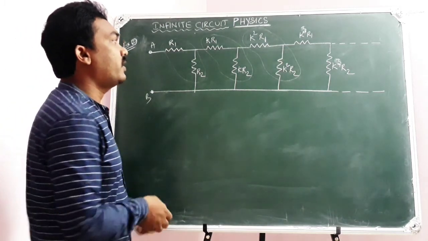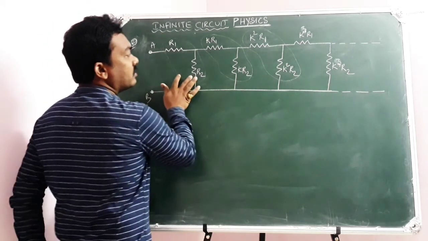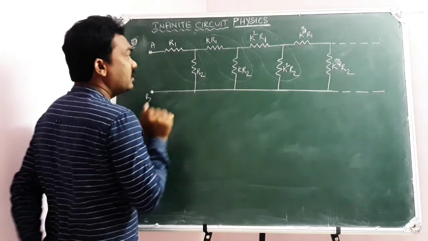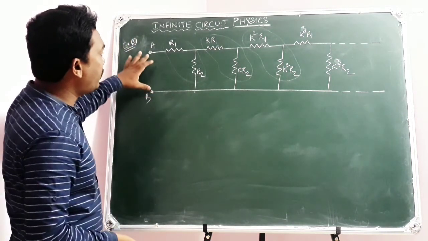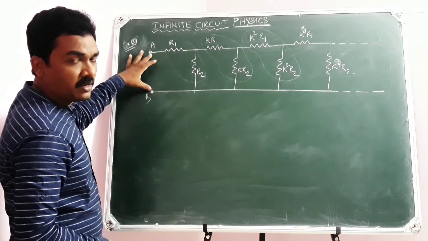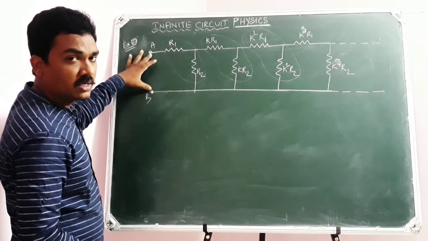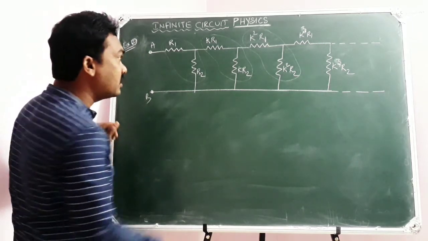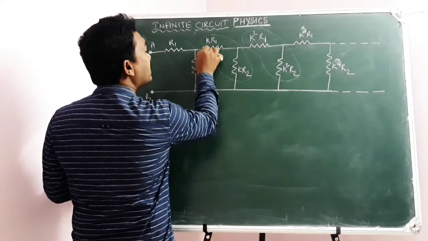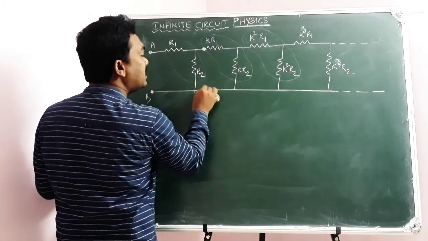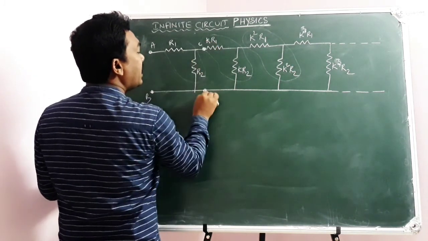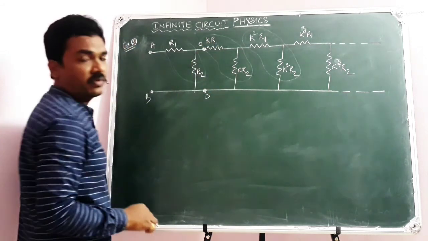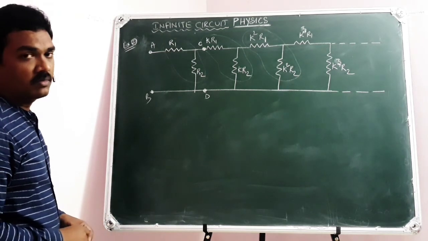So here for example R1, R2, here next element multiplied with K times, KR1, KR2. Means for example if the equivalent resistance across AB is X units, then equivalent resistance across CD will be K times of X, because this element is multiplied with KR1, KR2.